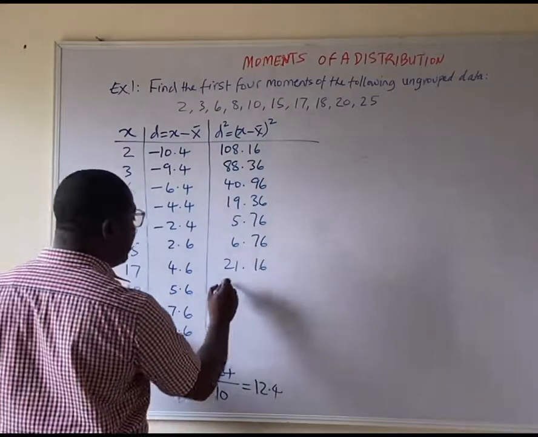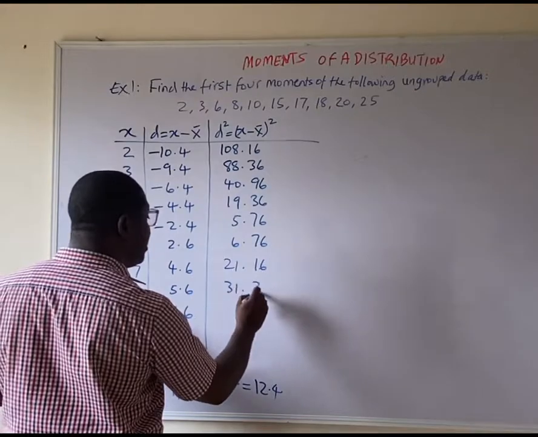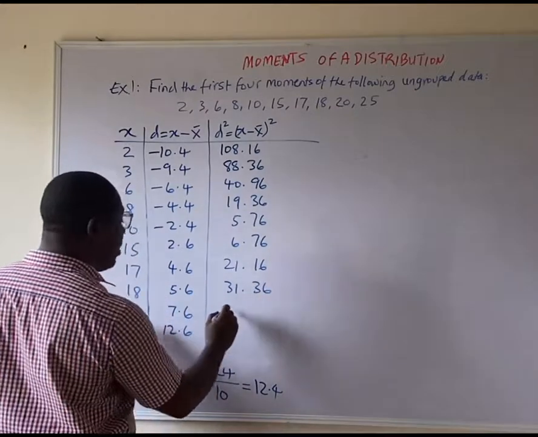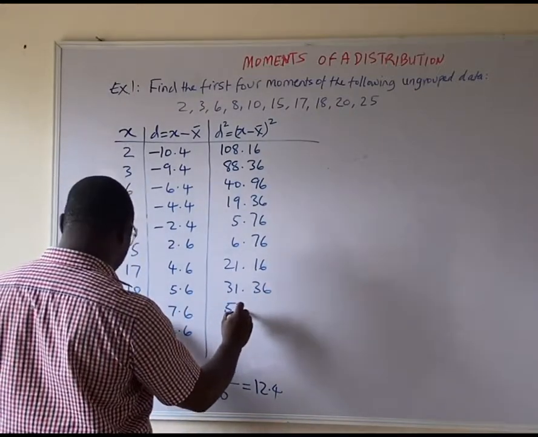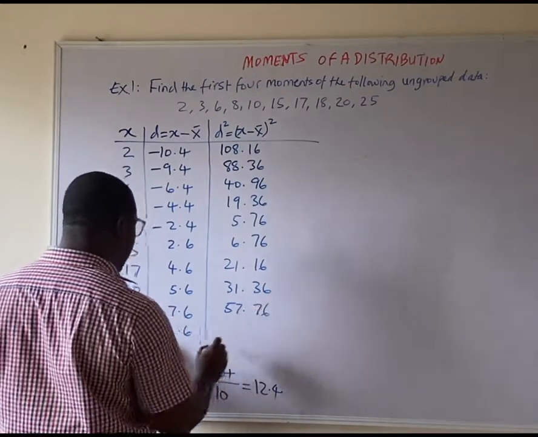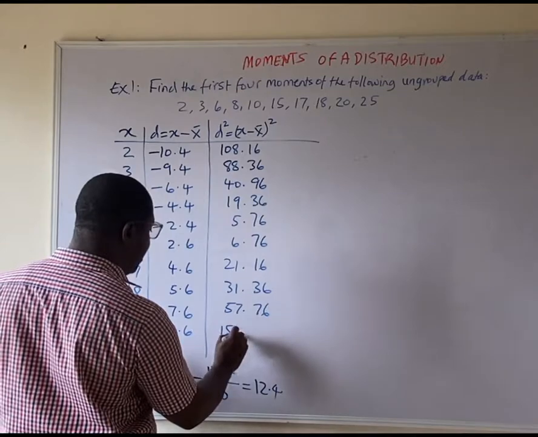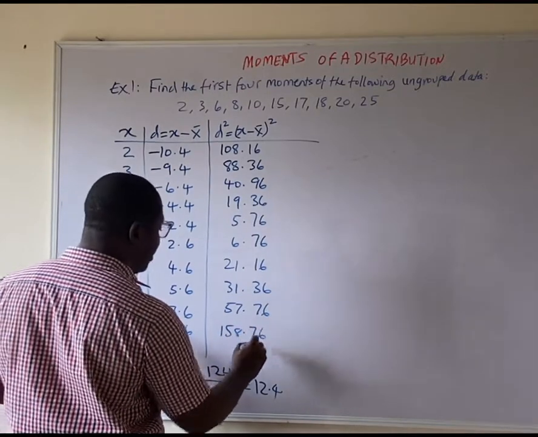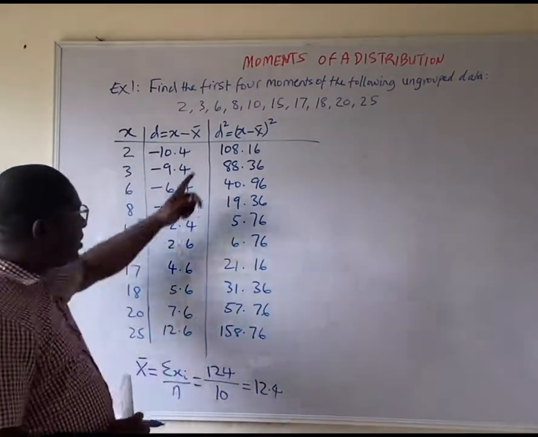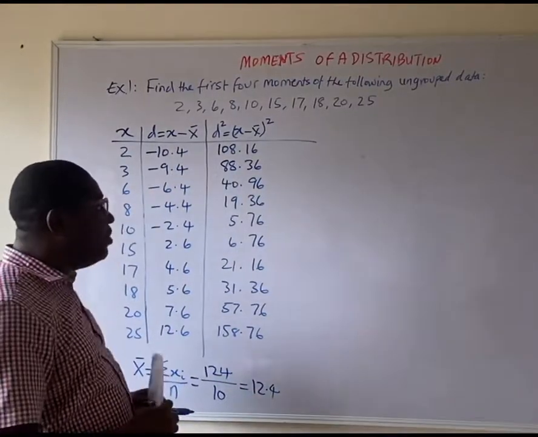The next one is 31.36. The next one is 57.76. The last but not the least is 158.76. So this is the second degree of deviation.